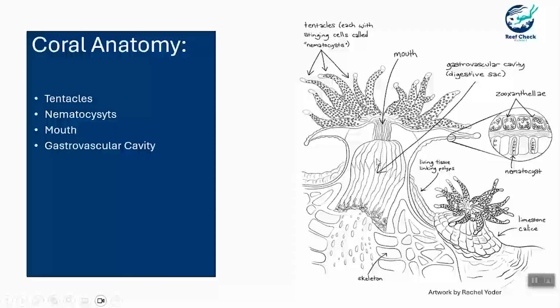It goes into their gastrovascular cavity, and then they deposit out this calcium carbonate skeleton. They have little corallites around them as well, which they form, which is that calcium carbonate, and it provides a bit of protective skeleton for them that they can retract into as their predators get close.